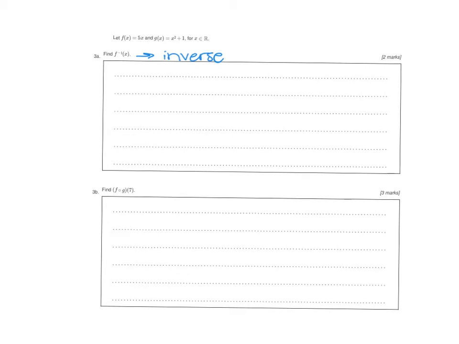So what I mean by that is we take this function f of x, which says y equals 5x, and we are going to replace all y's with x's and all x's with y's, and then solve. So we would divide both sides by 5, and we get that the function inverse is x over 5.